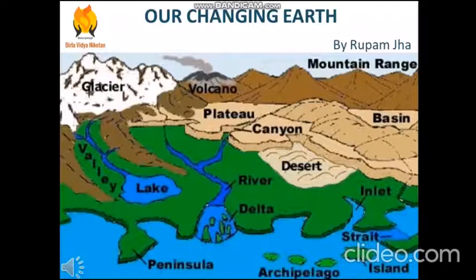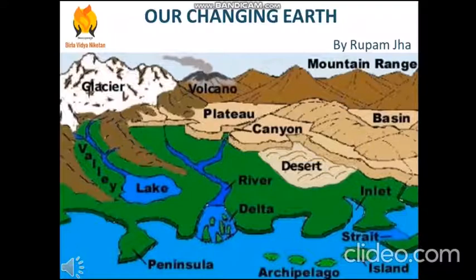Endogenic forces are those forces which act in the interior of the earth, whereas exogenic forces are those that work on the surface of the earth. In this episode, I will discuss what endogenic forces are and what are the effects of endogenic forces.